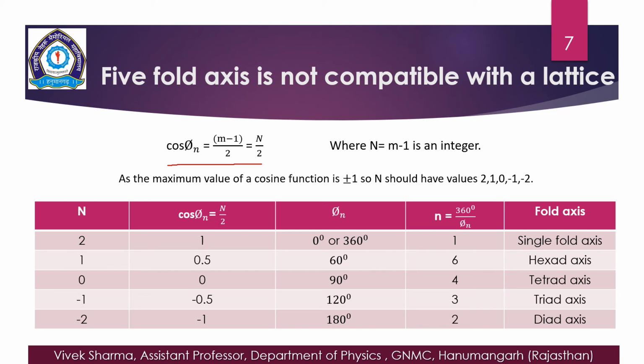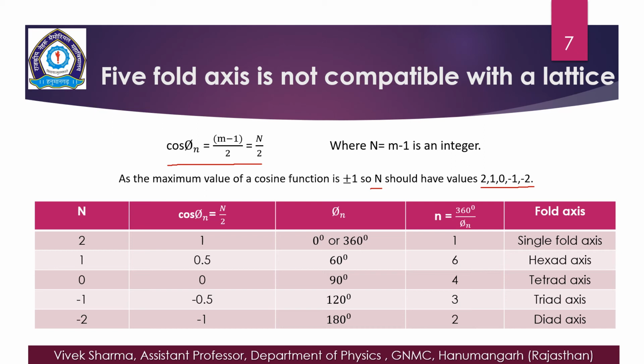The maximum value of the cosine function is plus 1 and the minimum value is minus 1. Cos and sine functions are bounded functions. They have limited values between plus 1 and minus 1. So capital N should have either 2 or 1 or 0 or minus 1 or minus 2 values.